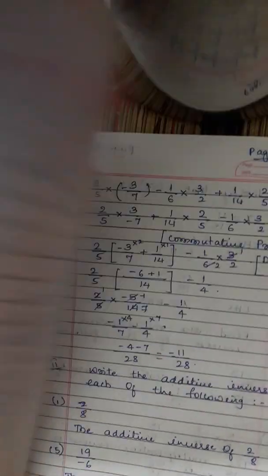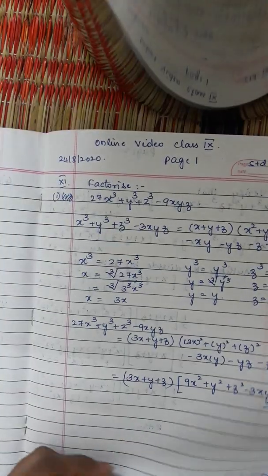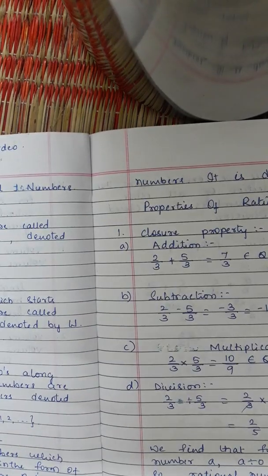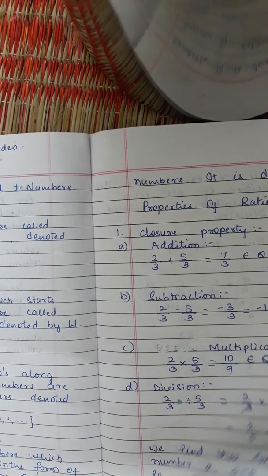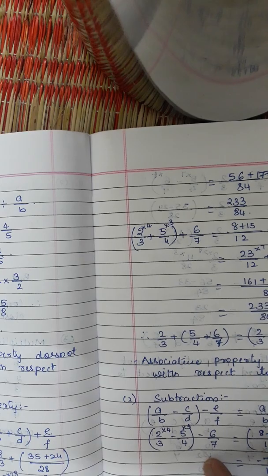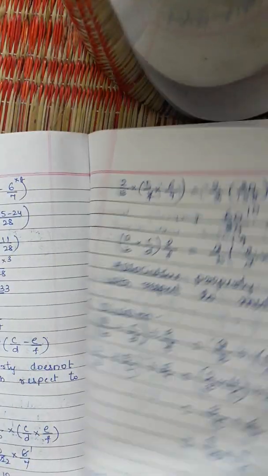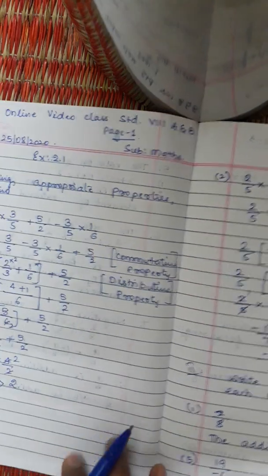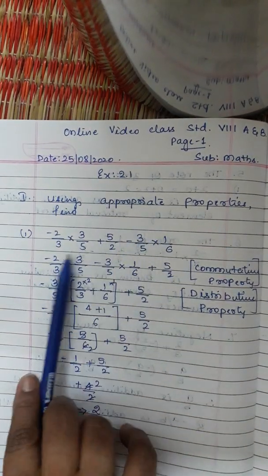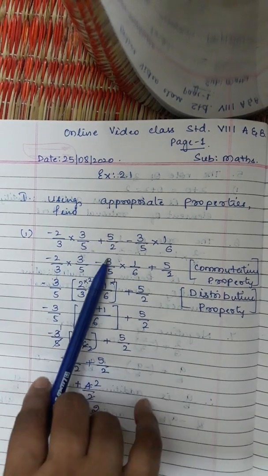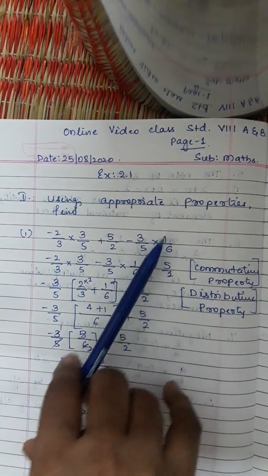Okay. Then coming to the rational numbers, all the properties were discussed, that is closure property, associative property, commutative property, then distributive property and so on. So coming to the exercise, again using appropriate properties, find minus 2 by 3 into 3 by 5 plus 5 by 2 minus 3 by 5 into 1 by 6.